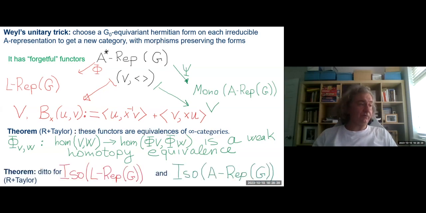And if you want to have isomorphisms inside these two categories, they will also be equivalent for the strong versions of the categories. The strong version of the L category is the same as the category of isomorphisms in A representations, up to weak homotopy equivalence. Questions?